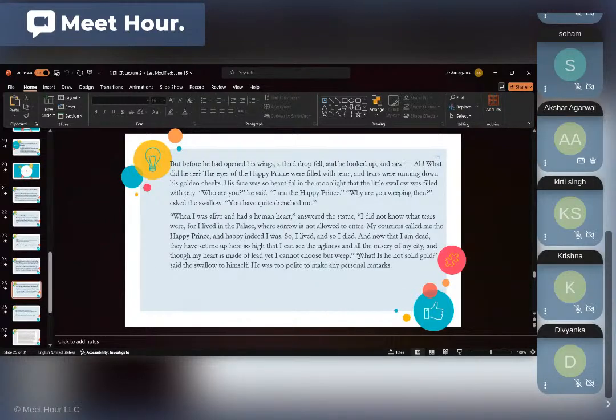So that's a direct inference from something which was said in the previous line.